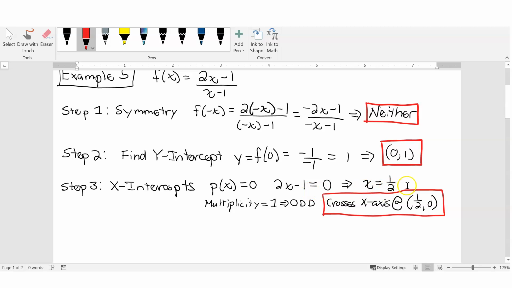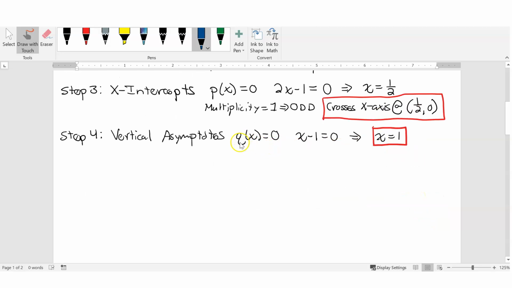But we'll also utilize our multiplicity concept from graphing polynomials. This factor really has a multiplicity of 1, which is odd. So the graph will cross the x-axis at the coordinate point (1/2, 0). In step 4, we find the vertical asymptotes. So now we set the denominator expression q of x equal to 0.